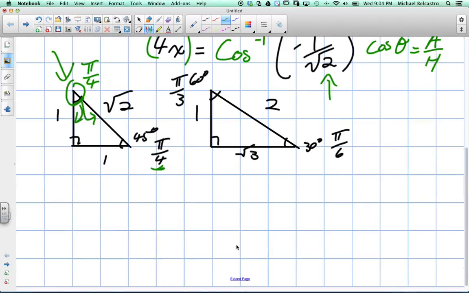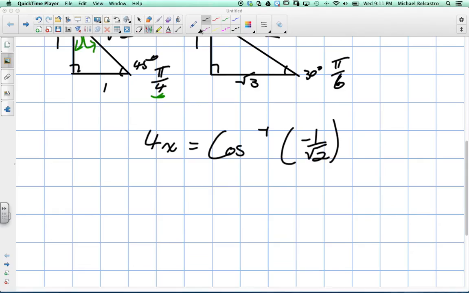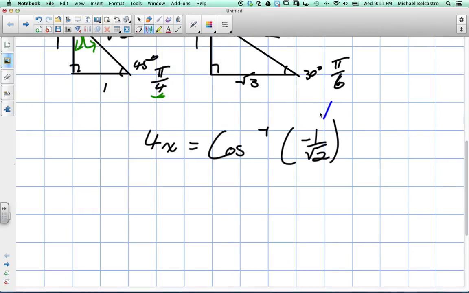So in other words, we take this equation and rewrite it: 4x is equal to cos inverse of -1 over root 2. Okay, so we've rewritten it, but because this is negative, we have to be aware of our 2 quadrants. So we look at our CAST system.